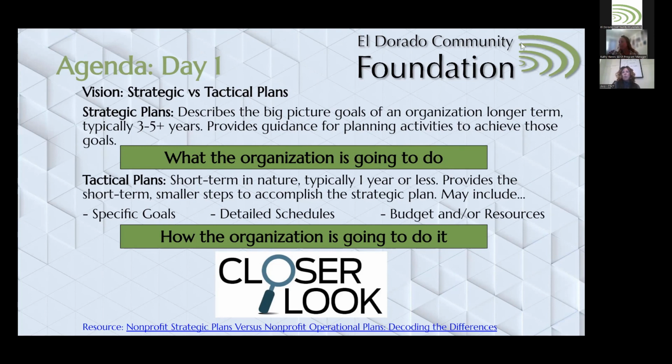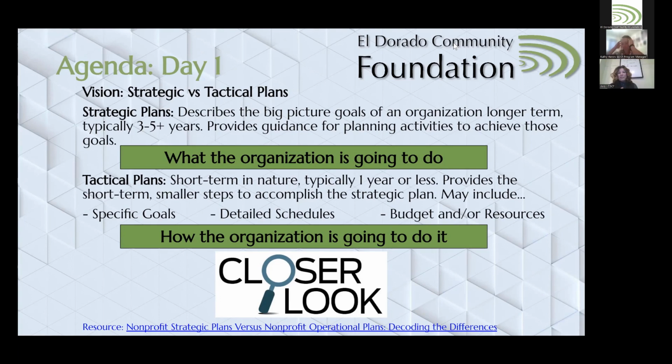So this is basically, what is the organization going to do? So this is a little bit further out. Where are you heading? Tactical plans are short-term in nature, typically 1 year or less. These are going to be shorter, smaller steps to accomplish your strategic plan. It may include specific goals, detailed schedules, budgets, or resources.